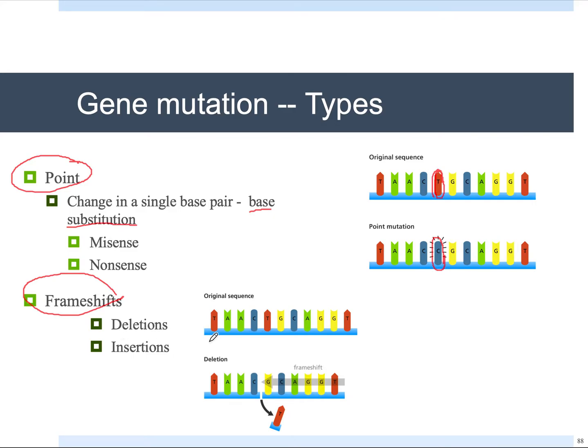Now, what is a frame shift? Remember, the nucleotide sequences are read in threes. So you have 1, 2, 3, and so on and so forth. You could have a deletion or an insertion that would change which 3 nucleotides are read together.